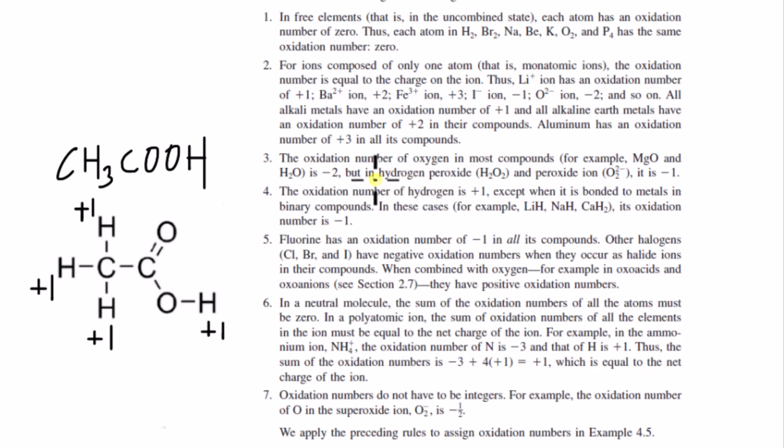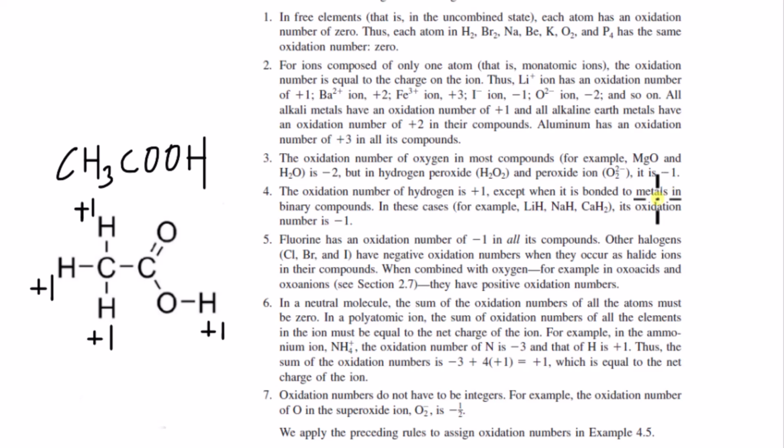So it says here in Rule 3, the oxidation number of oxygen in most compounds, for example, magnesium oxide and H2O, is -2, but in hydrogen peroxide, H2O2, and peroxide ion, it is -1.